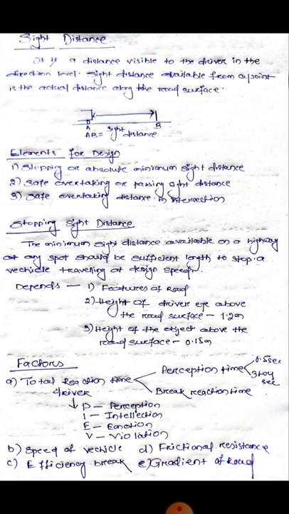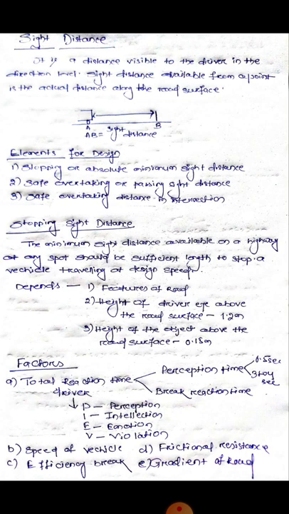If the driver's eye height above the road surface is 1.2 meter, the object should be above 0.15 meter to be seen. The factor affecting stopping sight distance is total reaction time. There are two types: perception time and brake reaction time.